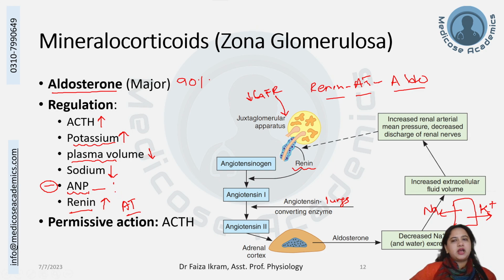If you are asked about the most potent stimulus, you can go for potassium or angiotensin. These two are the most potent stimulants for production of aldosterone. And this is what we have already discussed, the permissive but not compulsive action of ACTH for production of aldosterone.